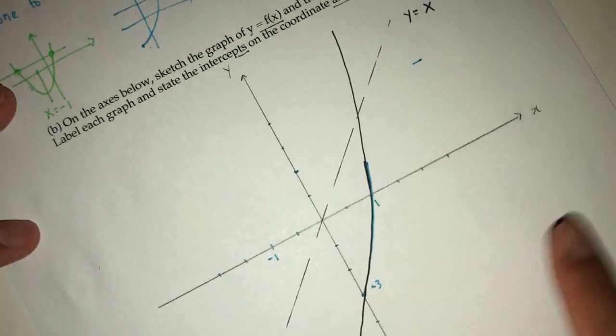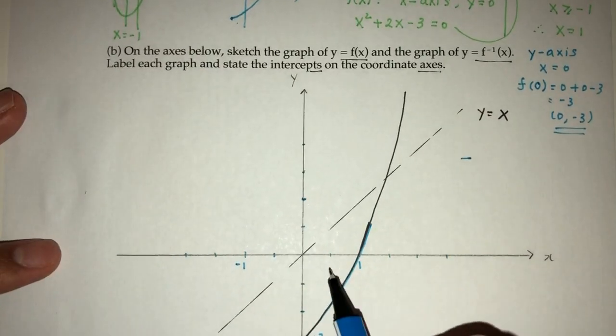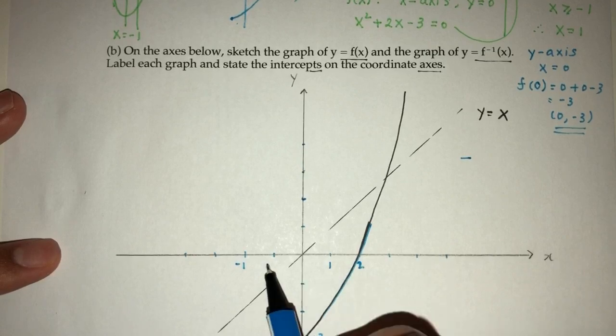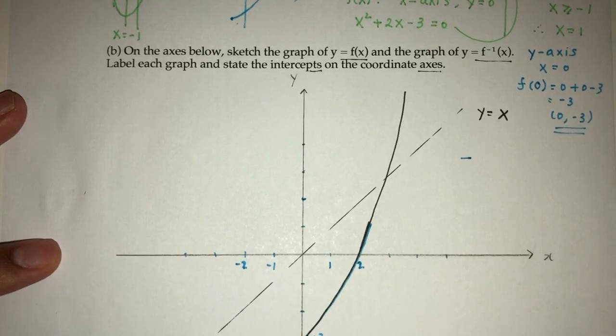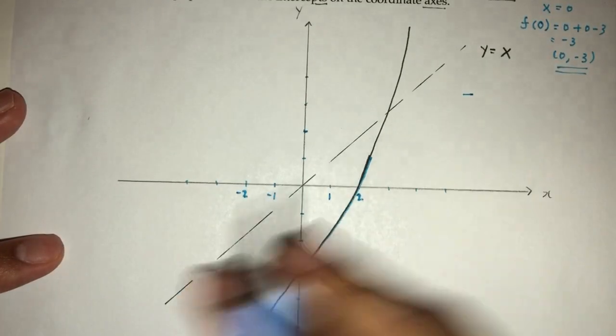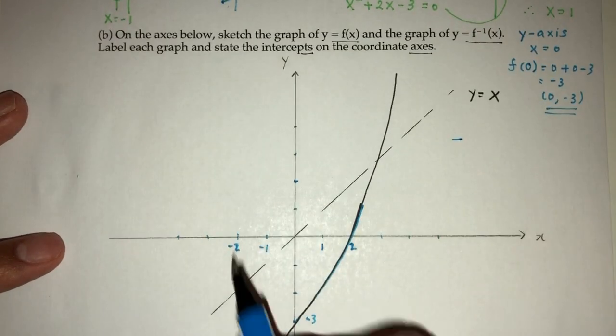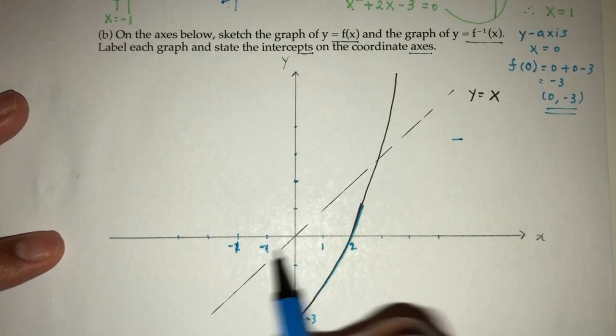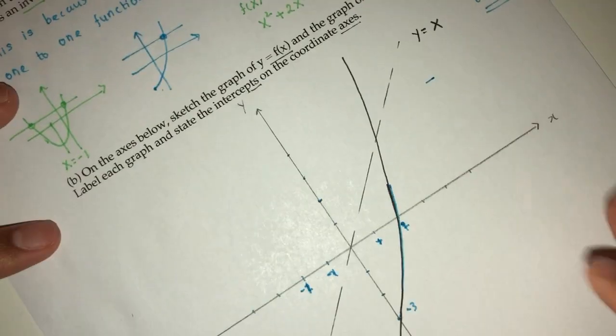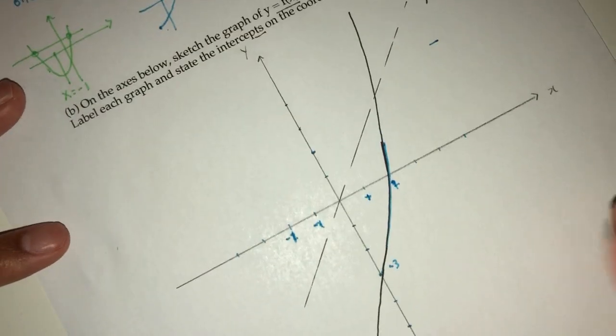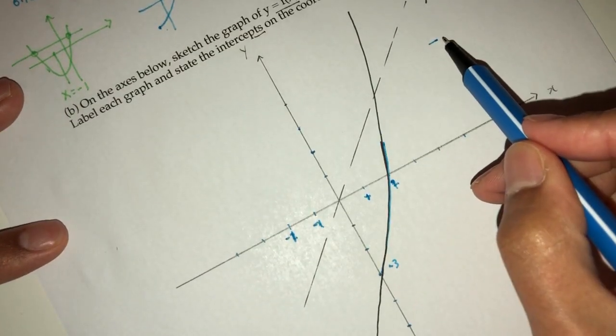What you should have done is label this as 1 and 2, minus 1, minus 2. It will be much easier for you that way because your scale will be the same for both. But anyways, you get the idea that we have to do a reflection in this line. So it should be reflecting kind of this way.